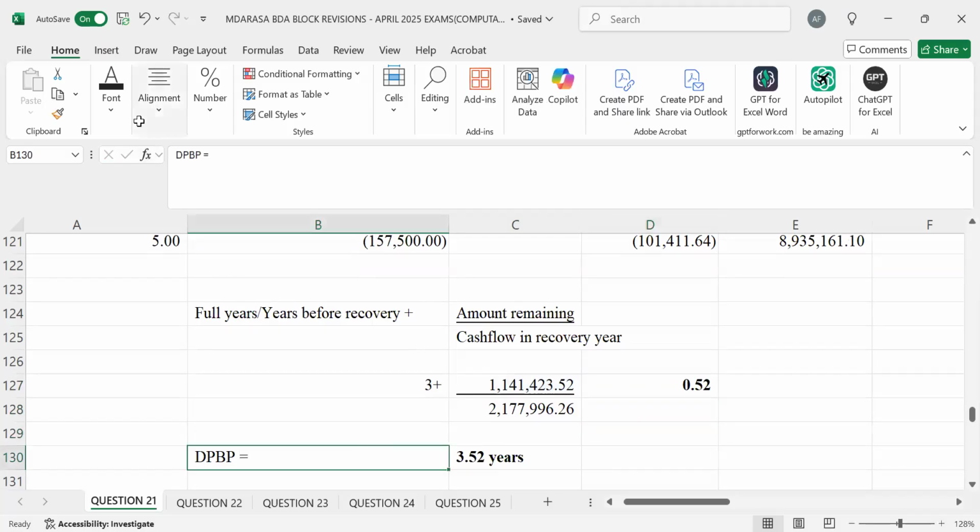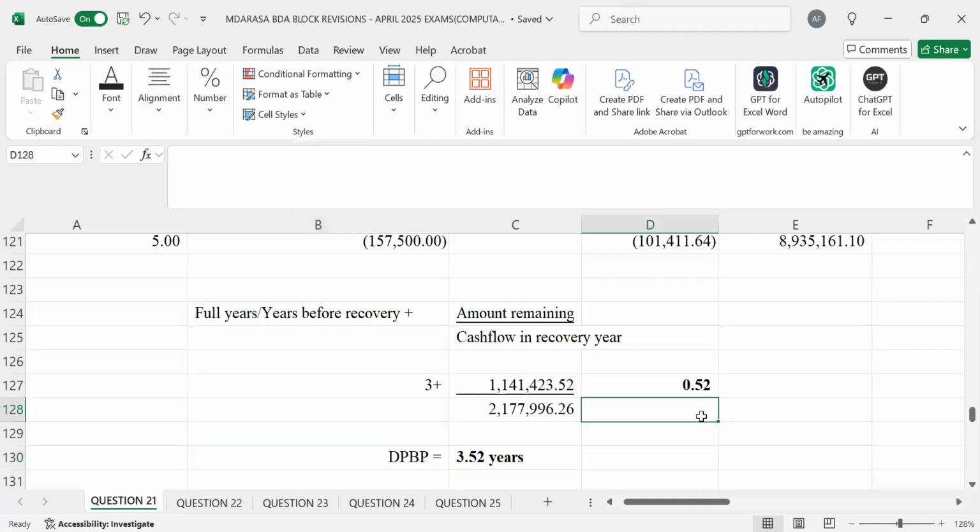That is the only difference. So that's it.